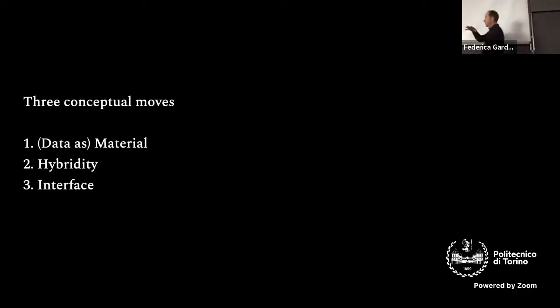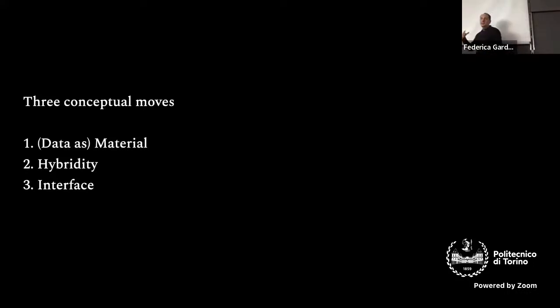I summarize those in 3 conceptual moves that I think are important. One is to think of data as a kind of material with which to design. Second, the concept of hybridity. Hybridity in terms of disciplinary and methodological hybridity, being open and curious and able to ask questions from outside our disciplinary lens and engaging other ways of thinking.